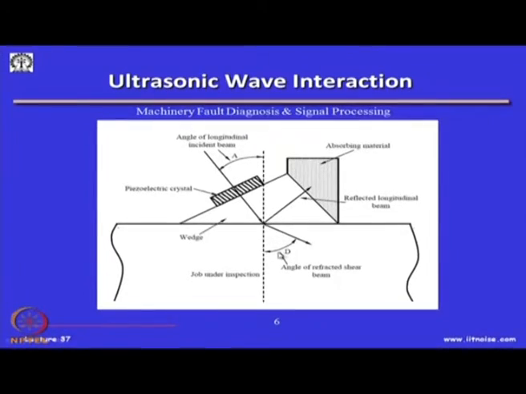This beam will get refracted, some part of it will get reflected, and usually we have a sound absorbing material here, because we do not want any information from here; rather we are interested in where this beam gets reflected. Looking at this reflected beam, we can find out the intensity, and where this defect is, and so on.